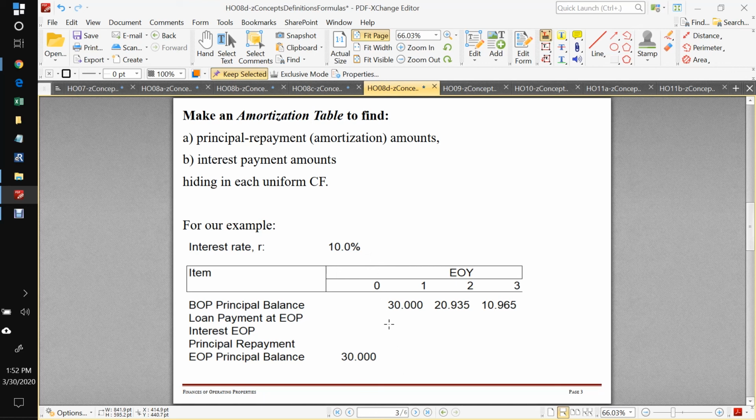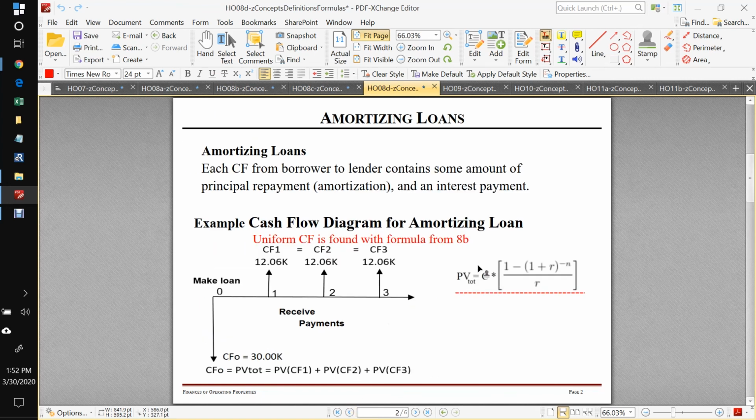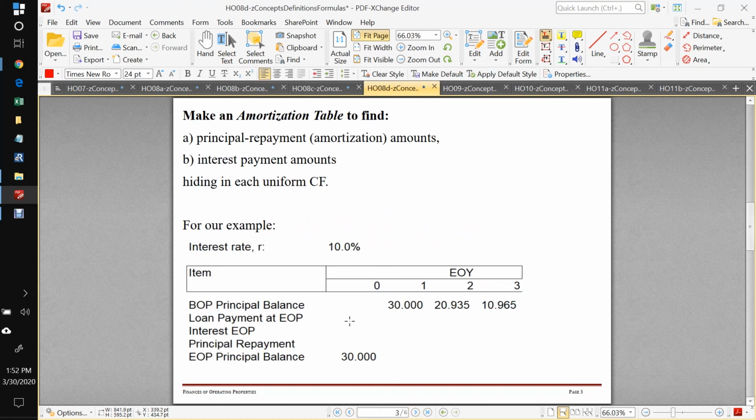And then the loan payment, using this formula, or because we already solved this for Mr. Small Net Worth, we could use what we already know, and we'd say the loan payment was equal to 12.063, and that's uniform.